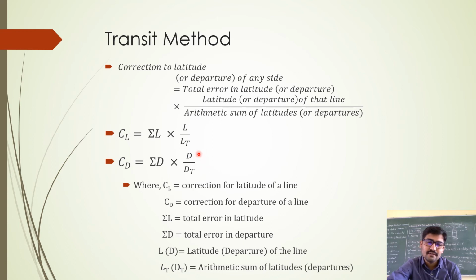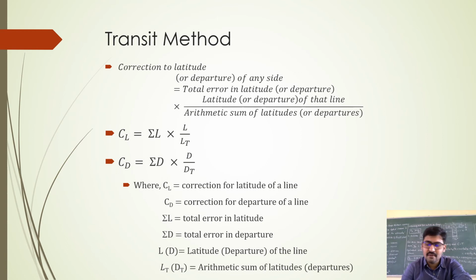This will give you the correction for departure for that particular line. So for every line you need to calculate the latitude correction and the departure correction. Then you add or subtract that correction to the observed latitude, and you will get the corrected latitude. You will be able to understand that with the problem.